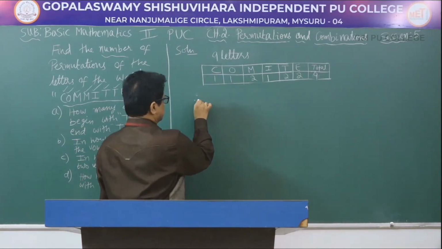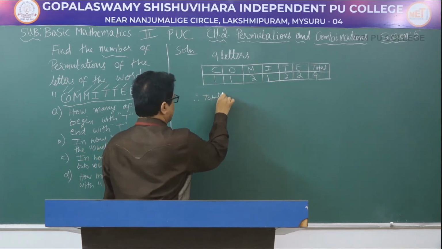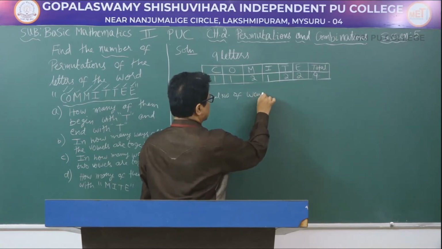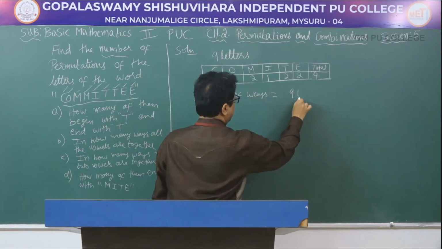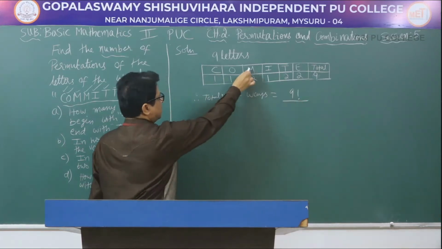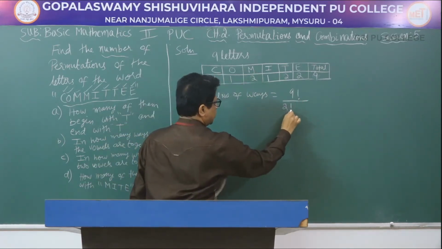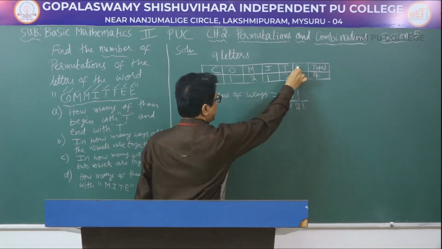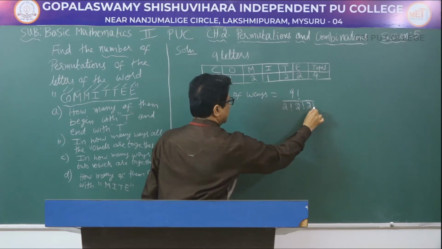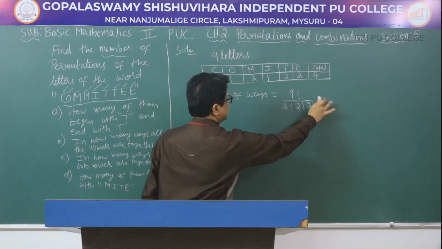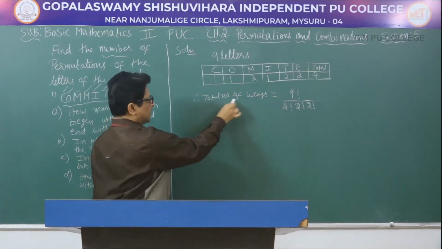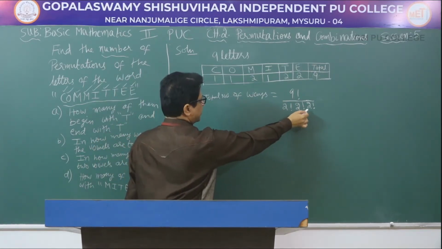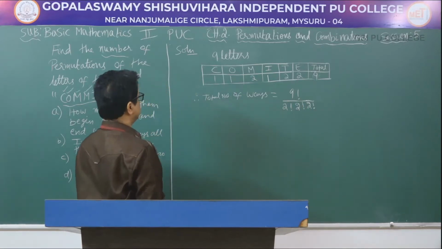Therefore, total number of ways equals 9 factorial by, there are 2 M's, so divide by 2 factorial, and 2 T's, divide by 2 factorial, and 2 E's, divide by 2 factorial ways. So, total number of ways equals 9 factorial by 2 factorial into 2 factorial into 2 factorial.